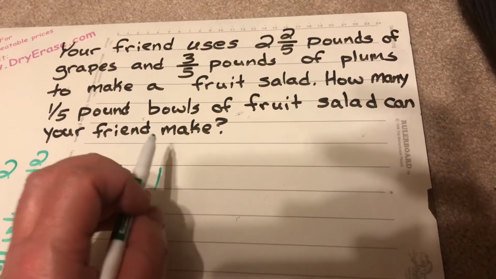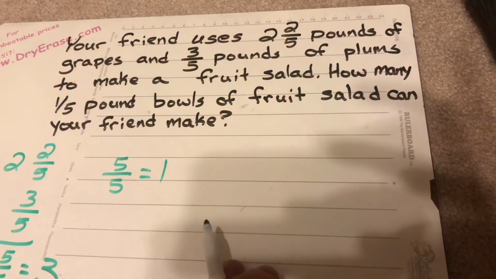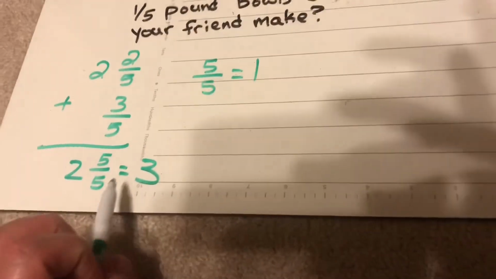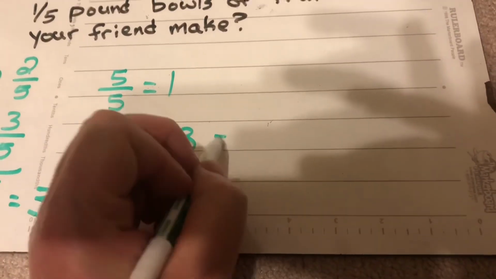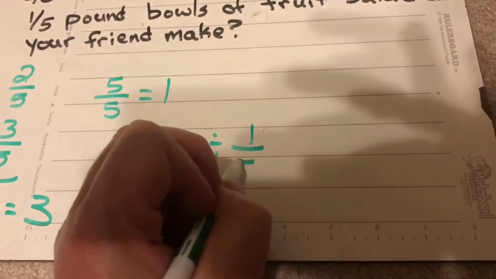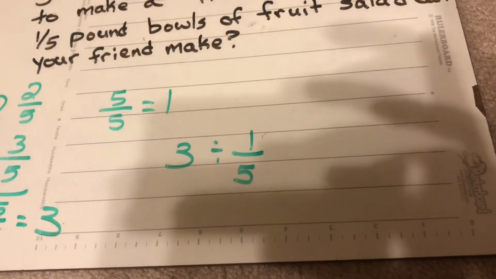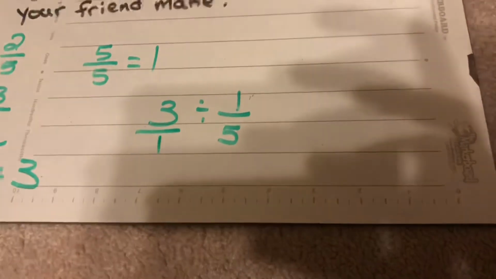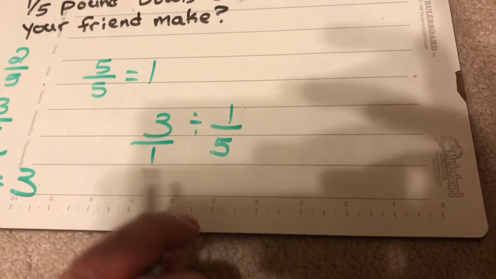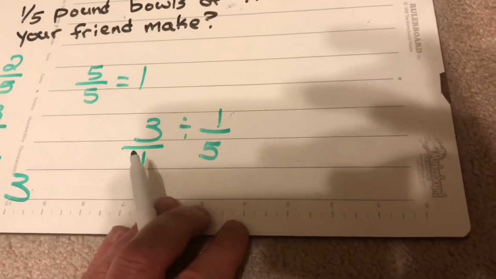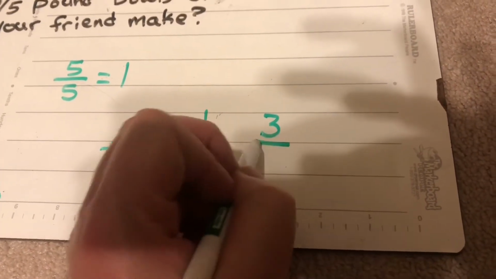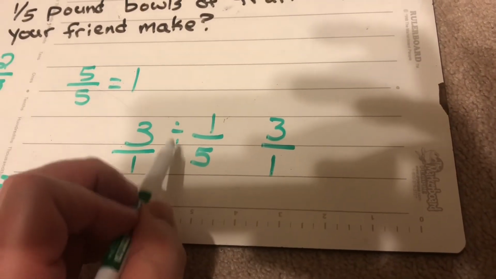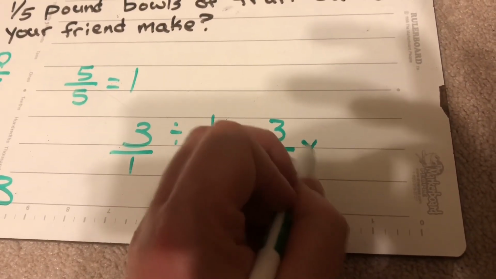How many 1/5 pound bowls of fruit salad can your friend make? So now I'm taking these 3 pounds and dividing them into bowls that each weigh 1/5 of a pound. I want to remember first of all that my 3 is always 3 over 1. Whenever I take a whole number and turn it into a fraction, I put it over 1. So it becomes 3 over 1. My division sign becomes a multiplication sign.